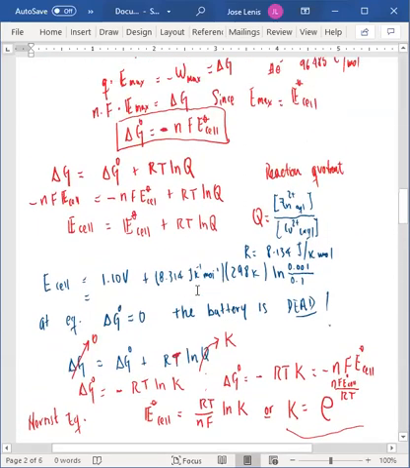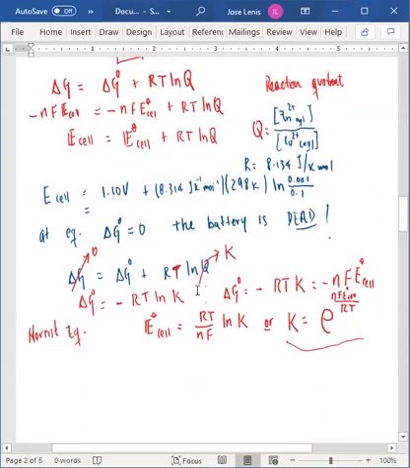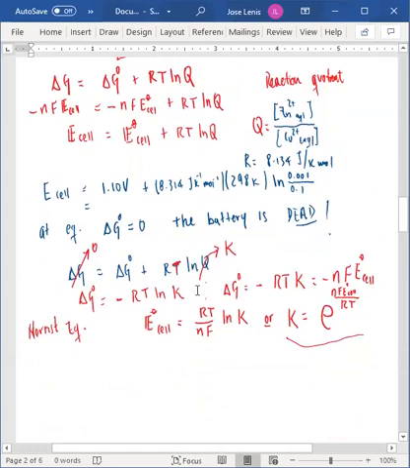For this particular case, the free energy will be the standard free energy for the cell, which is negative NF standard potential of the cell.